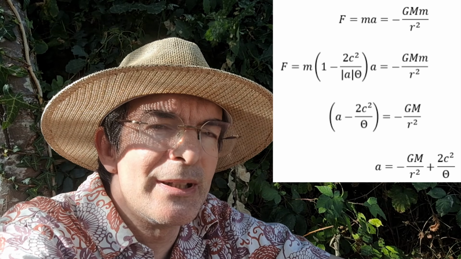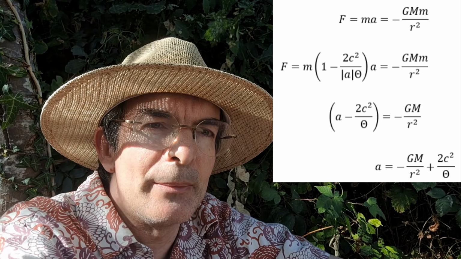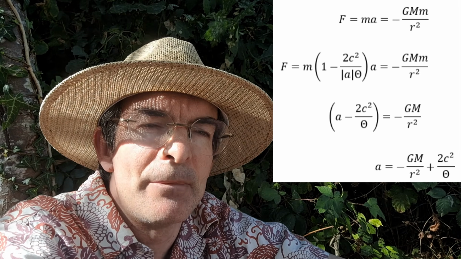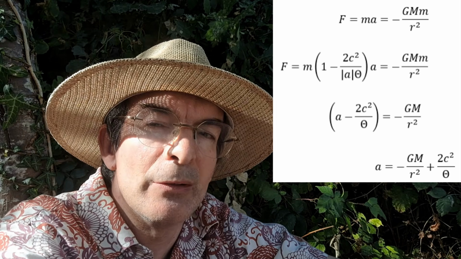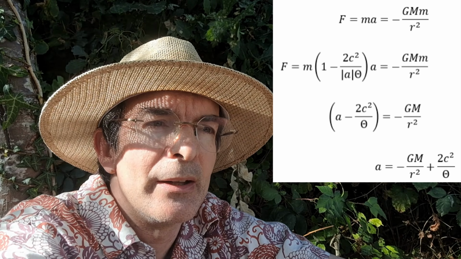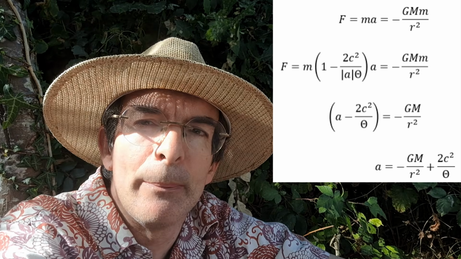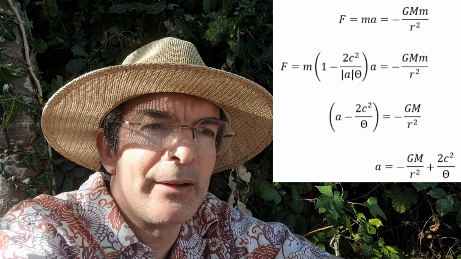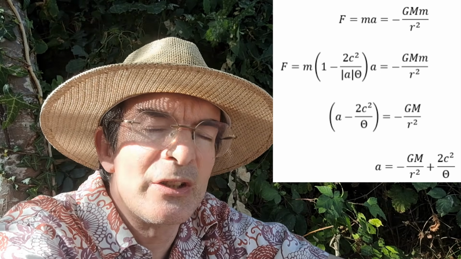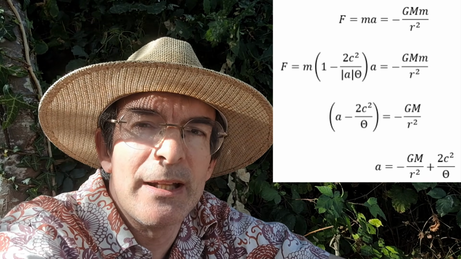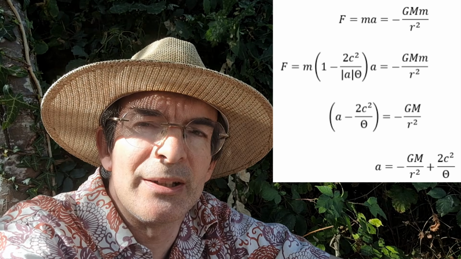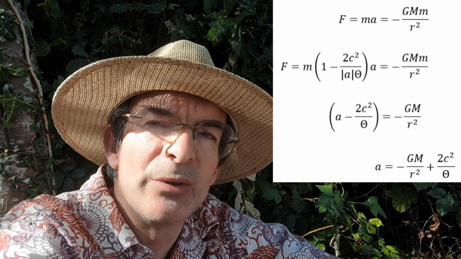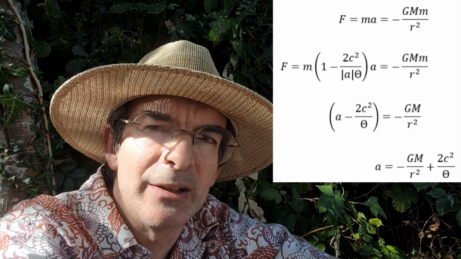This tells you immediately that whatever acceleration we have in the first term, gravitational, electromagnetic, or whatever, there is a second term which is independent of the mass and is very small, because c squared over theta is about 10 to the minus 10. But it's there, and in this case it's going to oppose the gravitational contraction.